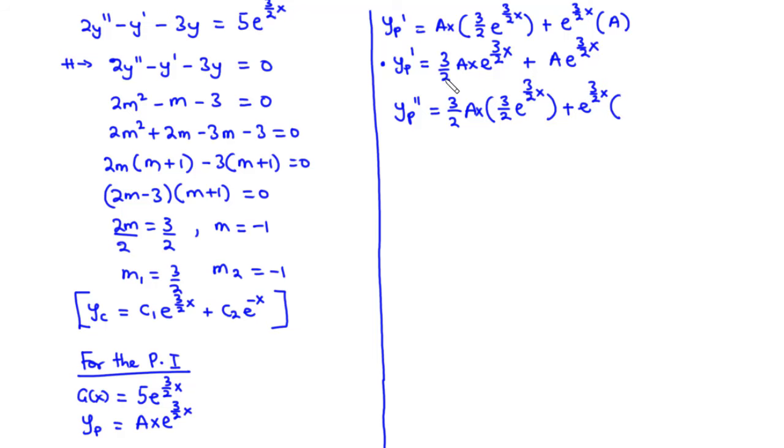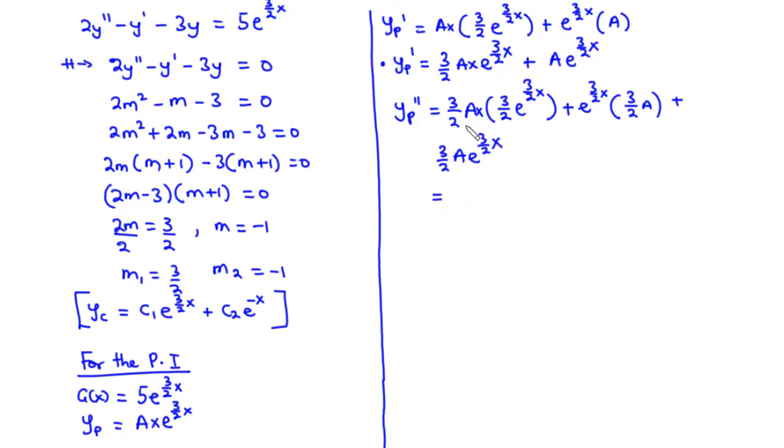We differentiate 3 over 2ax with respect to x, and you have 3 over 2a, and then we move on to the second term. So plus, we are going to have 3 over 2 times a times e to the power 3 over 2x. Notice that a here is a constant.